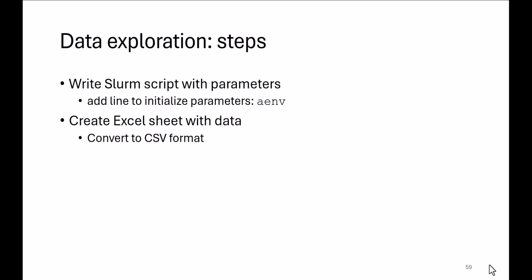Then you create, for instance, an Excel spreadsheet with data and you convert that to CSV. Or, if you prefer, you can directly either generate your CSV file from some script or write it directly, depending on what you're doing. And then you submit with sbatch, and of course don't forget the array option, where the range of array IDs is determined using arange.